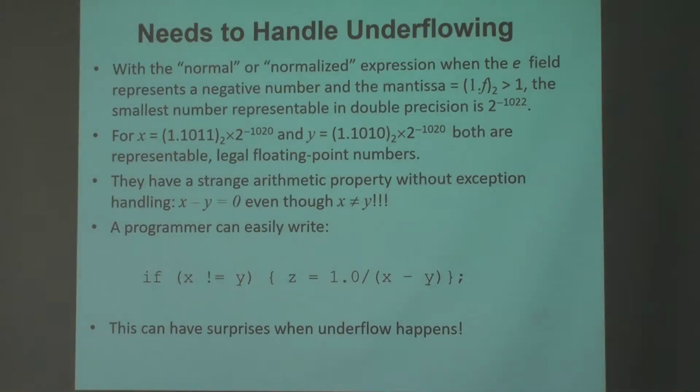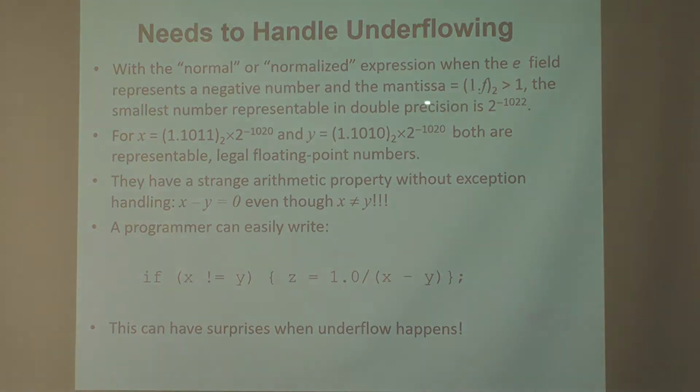We gave that example, right? So x minus y equals 0 simply because you don't have enough precision to record it. So it becomes 0. But x actually is not equal to y if you don't do underflow. So underflow in IEEE format is handling this. So it tests how small the number is.